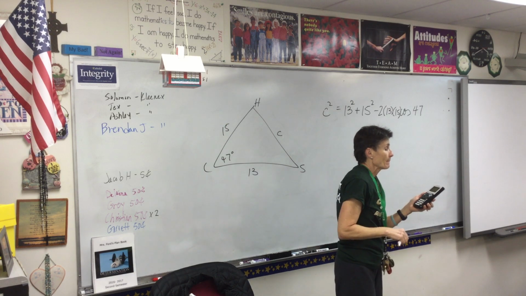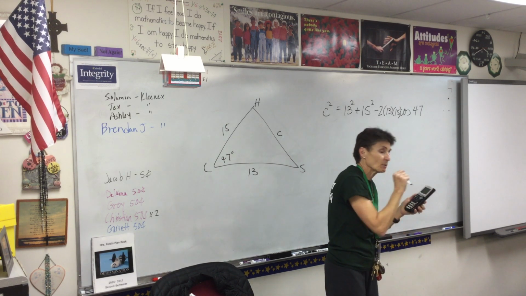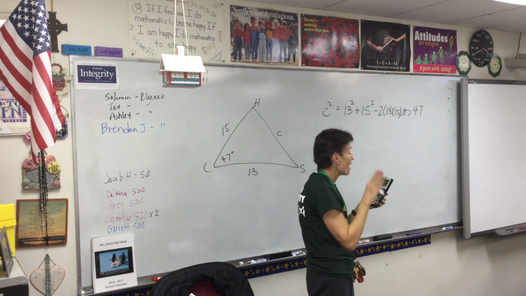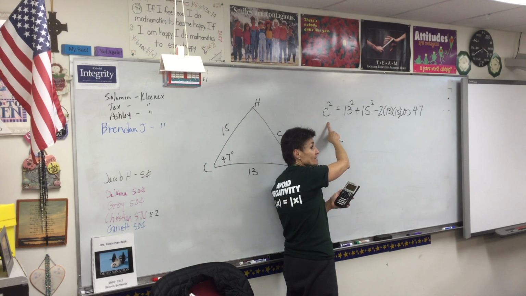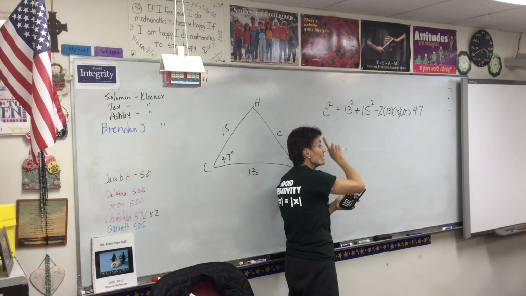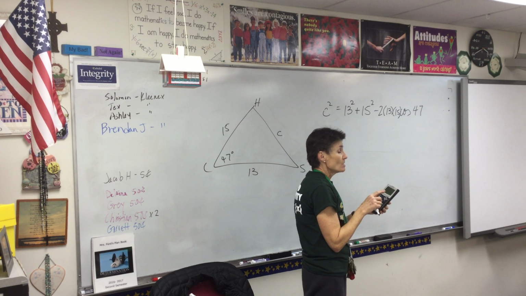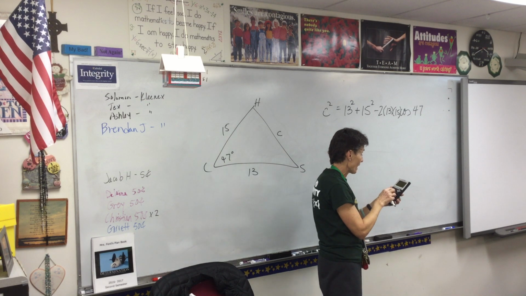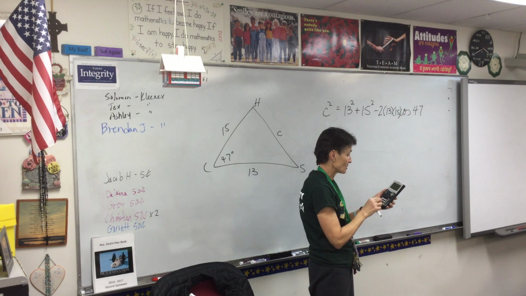Yes. Now, here is a potential mistake place. 128 is not C. 128 is C squared. So now we have to square root it. Hit your square root sign, so second square root, and then second answer.